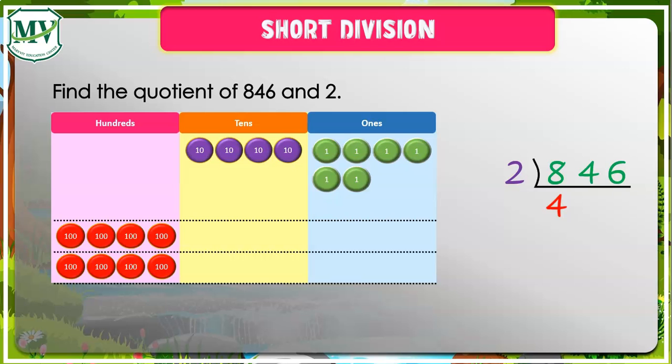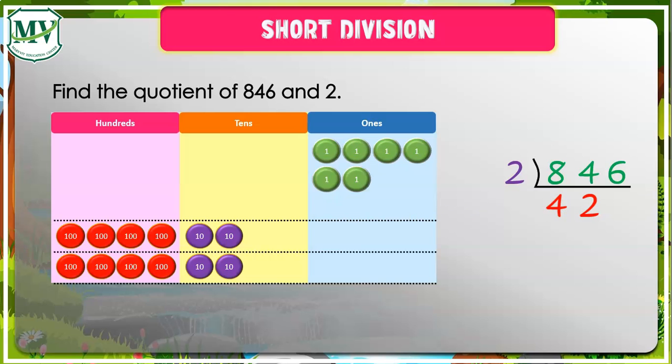Let's share 4 tens into 2 equal groups. So, 4 tens divided into 2 equal groups, we've got 2 tens in each group. We will write 2 directly below the digit 4.